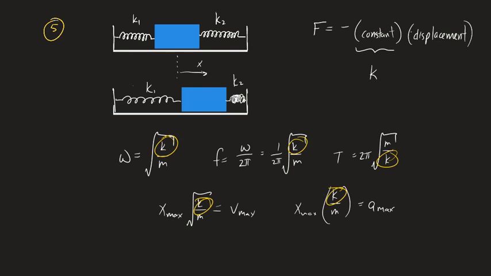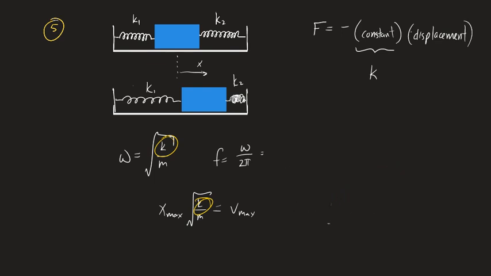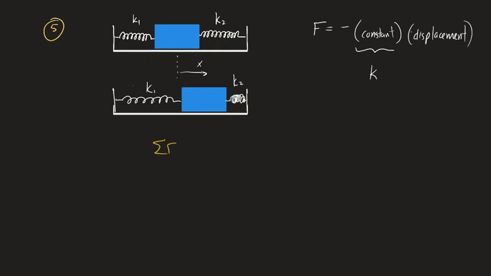So, I want you to consider what we've just done. We have just displaced the object to the right. Can you tell me the forces acting on it? Just draw a free body diagram for a minute. What would be a force acting on the box in the bottom situation?